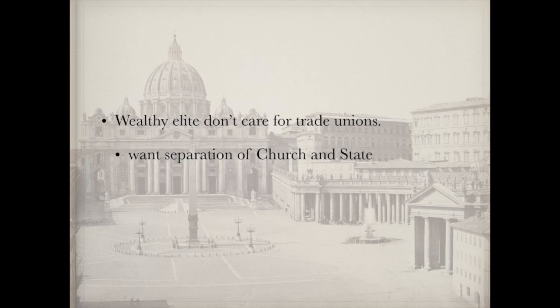Now, in Italy, they also wanted to see a separation between church and state. So we have to know our geography. We have to know where Rome is. Rome is now the capital city of a unified Italy. Within the city of Rome, we have Vatican City. Now, this is the headquarters of the Holy Catholic Church.